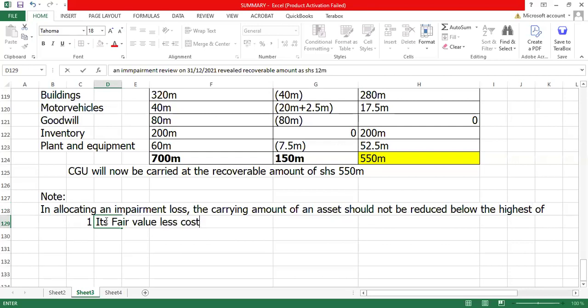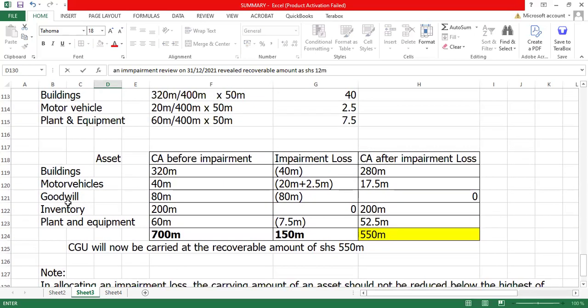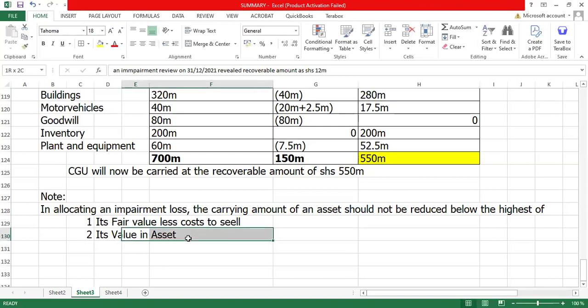less costs to sell. Then number two, its value in use. Because in an exam, you may be given the fair value of, let's say, the building, and given its value in use. Remember, we take the higher between these.